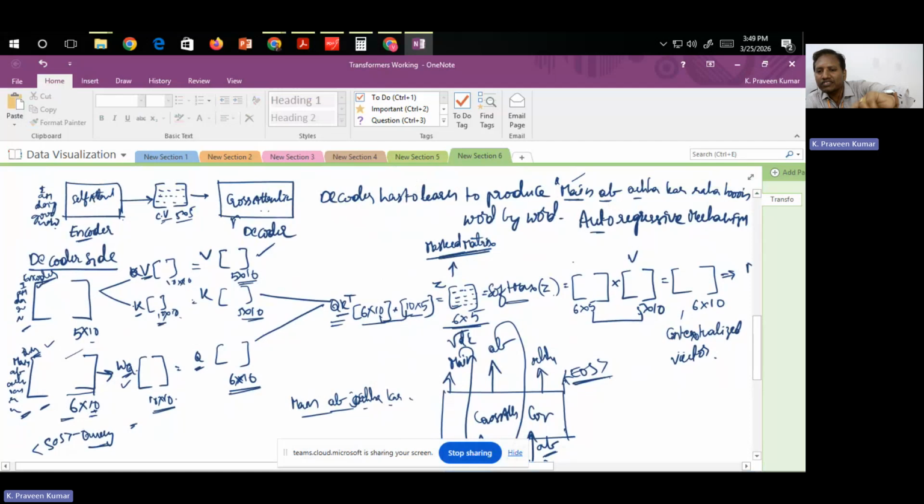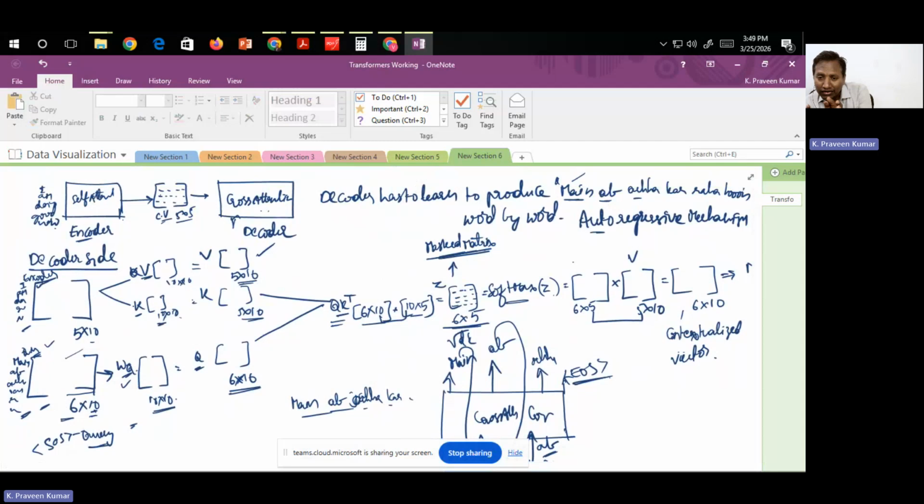So first word, then based on the first word, it has to learn the second word. So it has to open the second word later. Then 3 words should be open. Then 4 words. Then 5 words. Then 6 words last. At a time, if you show all the words, it is not going to learn anything. So this is the trick you have to understand.